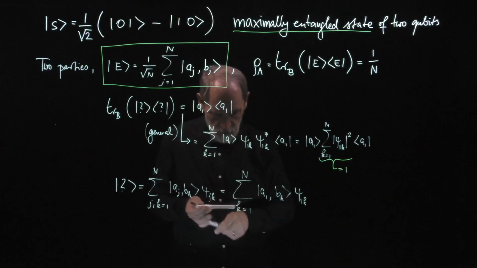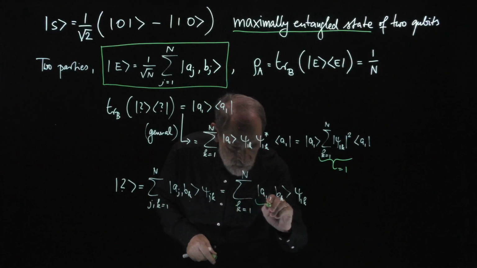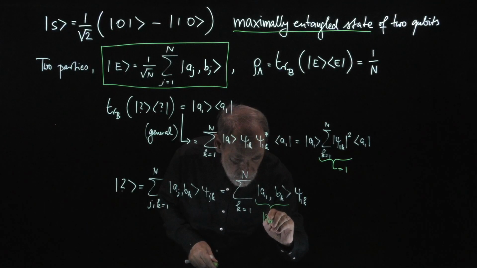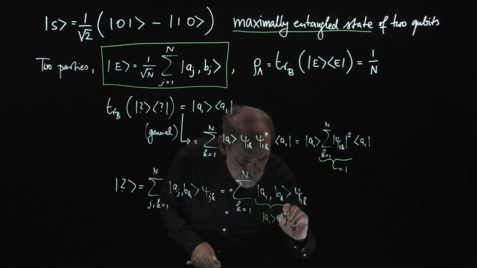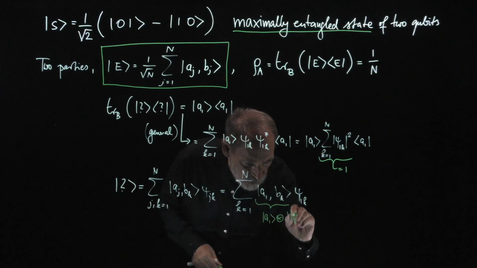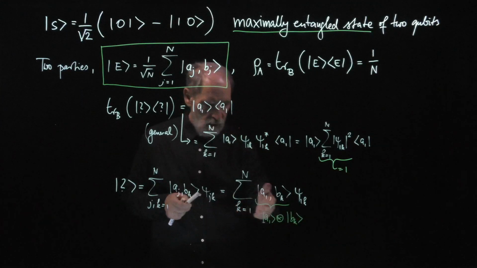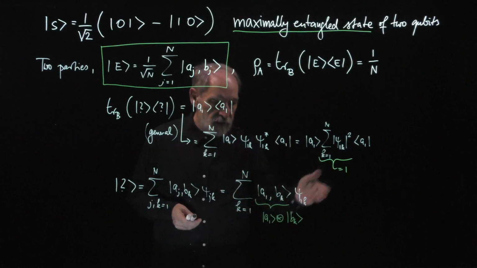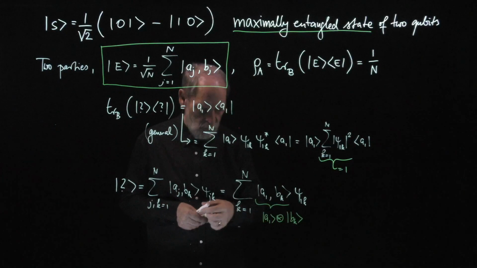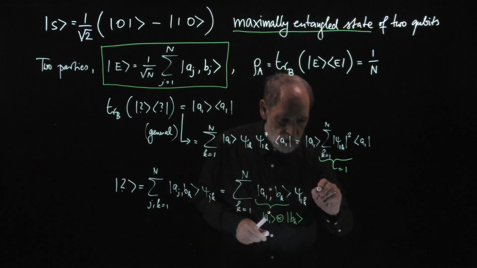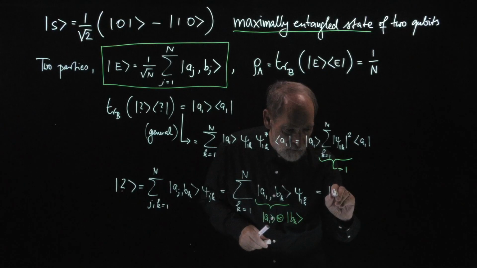Now each of these kets is the tensor product of the A1 ket with one of the B_k kets, which means that the A1 ket is a common factor for every term in the sum. So we can just take it outside the sum.